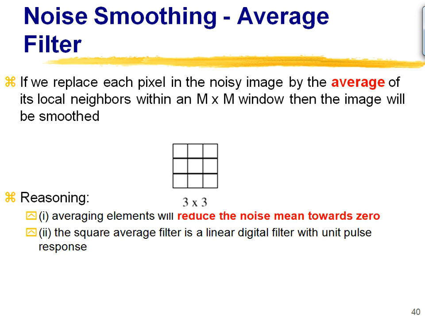Just like any low pass filter gives us reduction in noise but will blur the image as well, this does the same thing. So as a result, average is another low pass filter that we very commonly use in an image, and it comes from these properties. Okay?